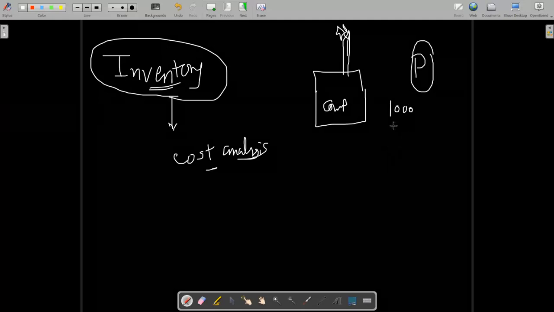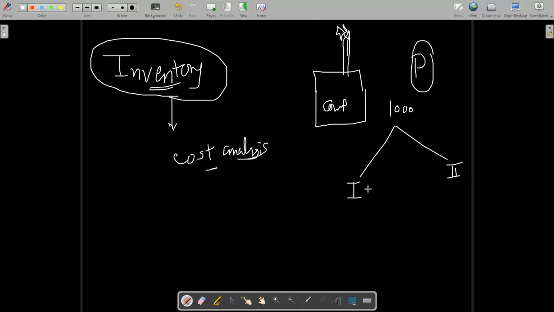So in this case, there are two cases given to us, case 1 and case 2. In case 1, they are buying this 1000 quantity from one single supplier, vendor or supplier, whatever you can say.